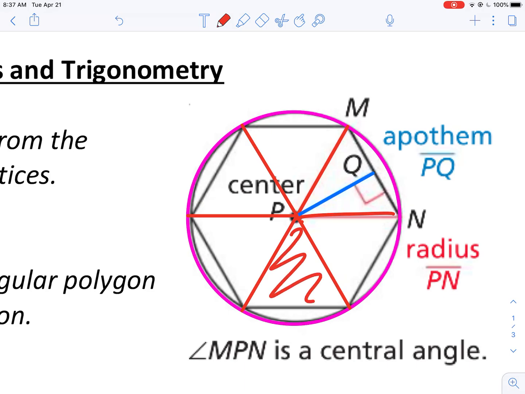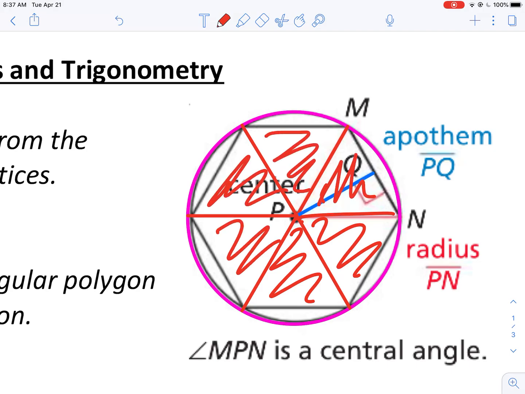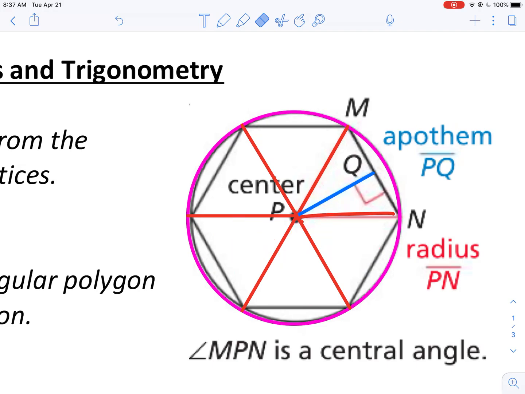So let's take a look at how to find first our central angle. I've got all of these central angles here, all congruent. And in this hexagon, in this six-sided shape, I've got 1, 2, 3, 4, 5, 6. So in a six-sided shape, I have 6 central angles.